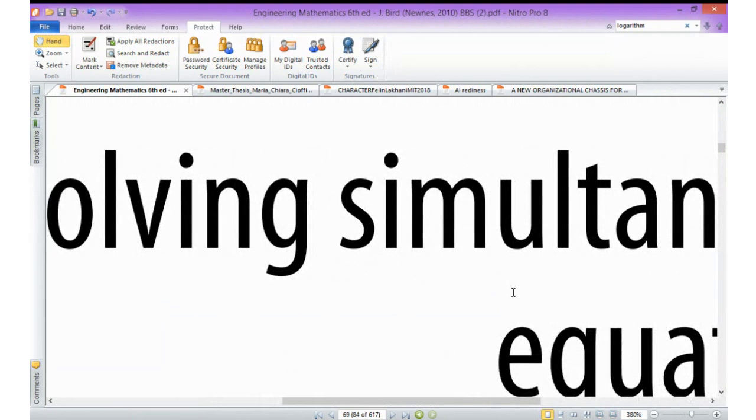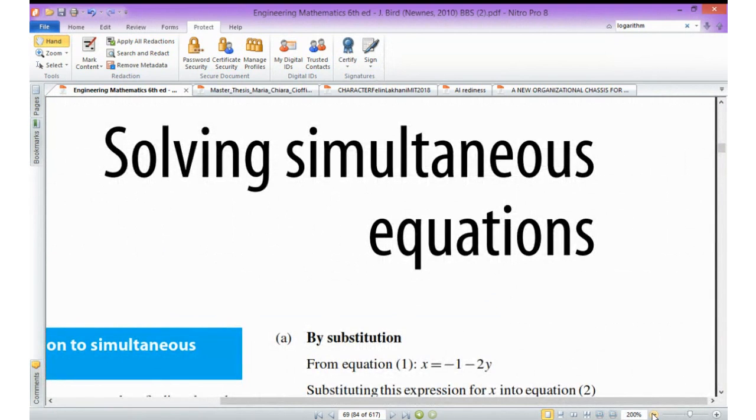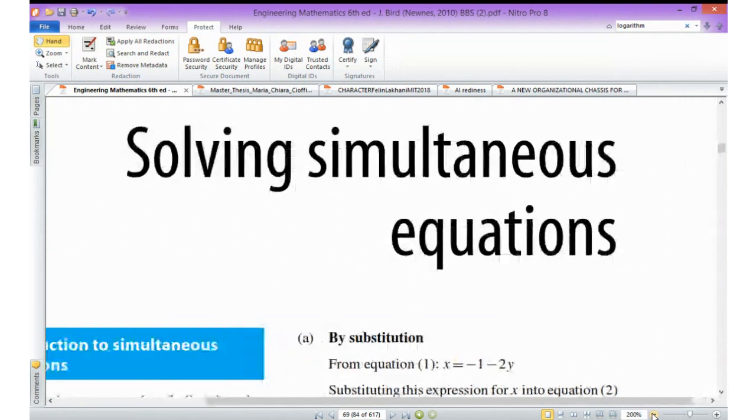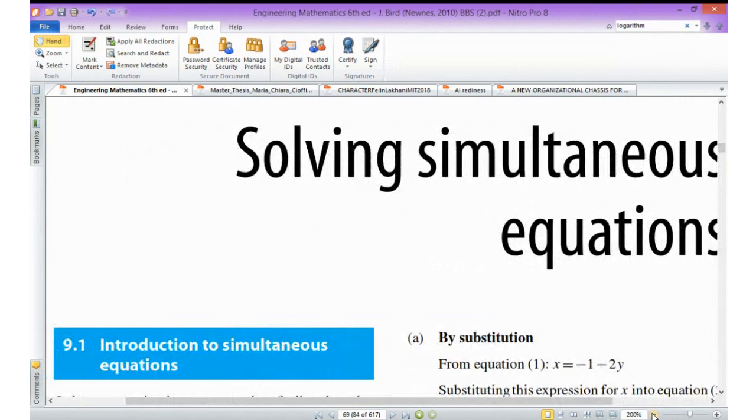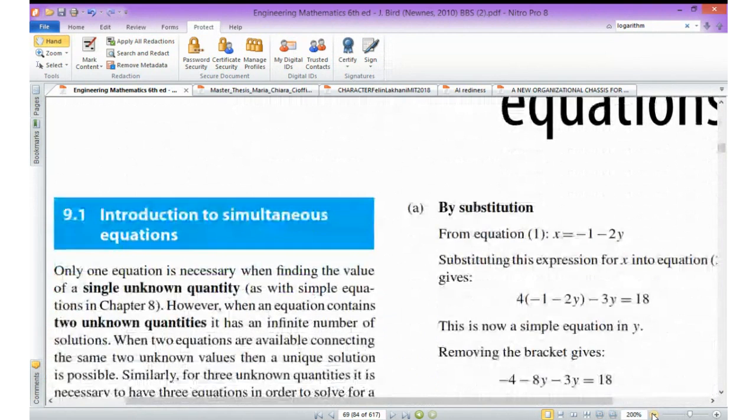This is where linear equations find their use. So what are simultaneous equations? Simultaneous equations are basically a combination of two or more linear equations to solve a particular problem.